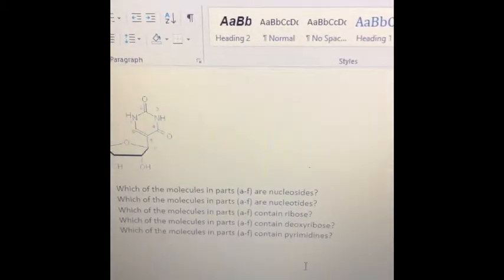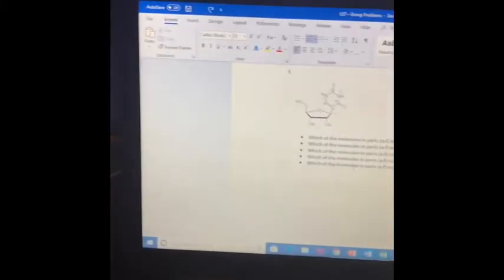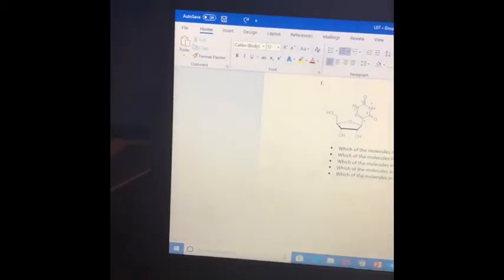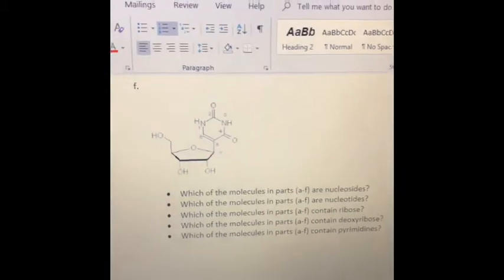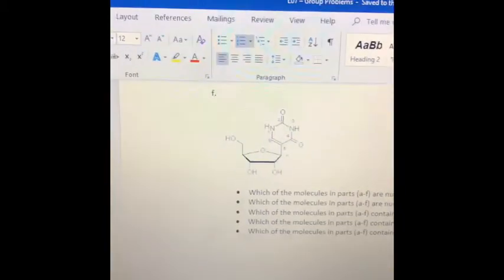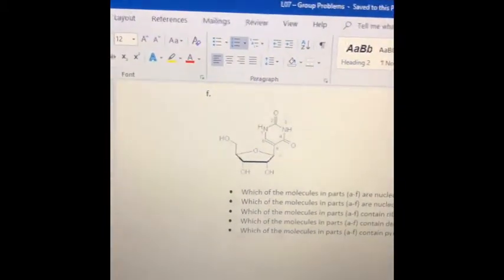So then we're talking about ribose and deoxyribose in the next part, and that is based on the hydroxyl groups that you have. So ribose is going to have 2 hydroxyl groups.